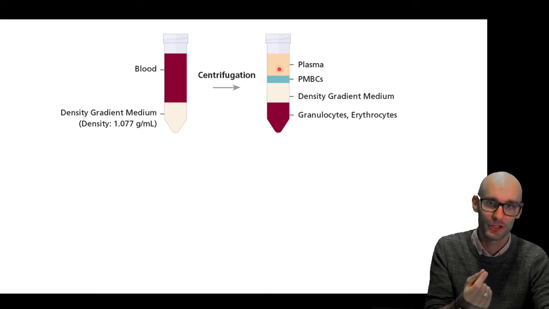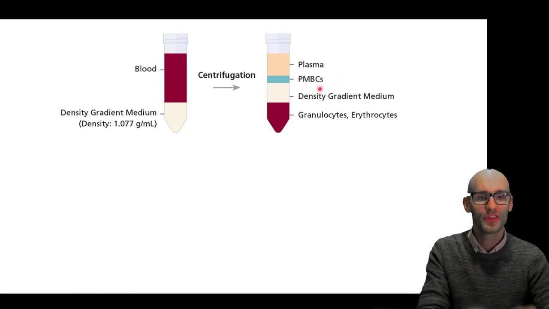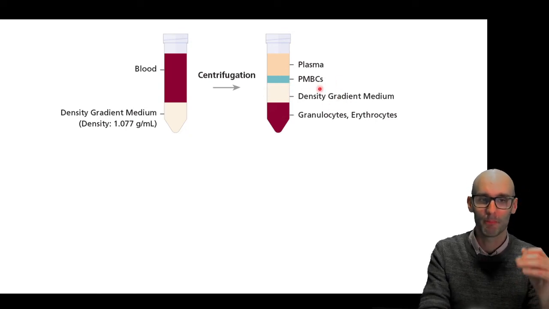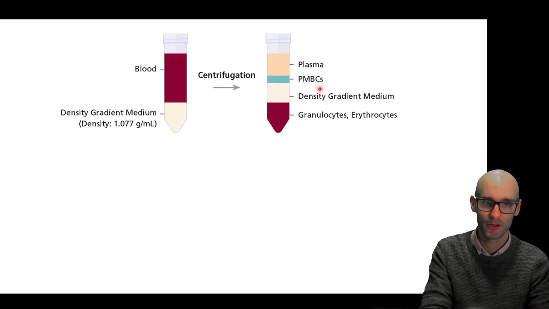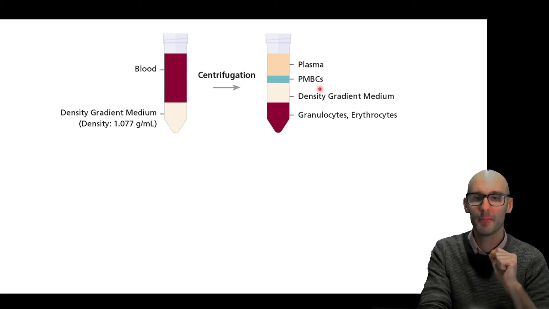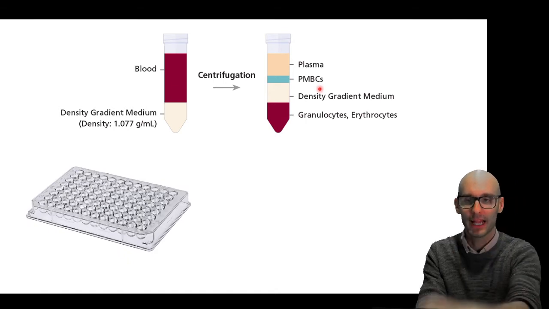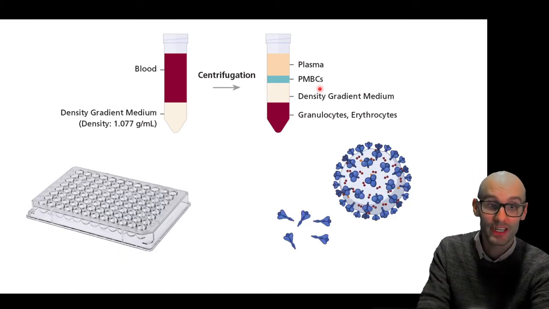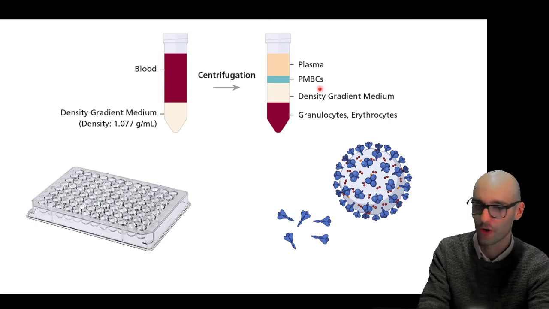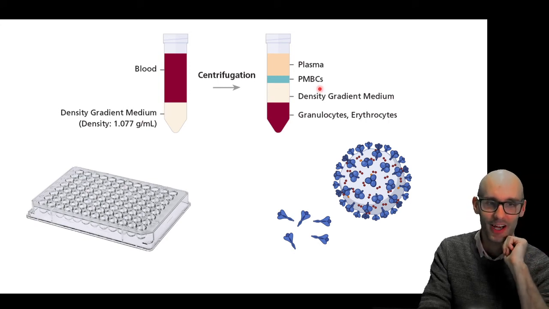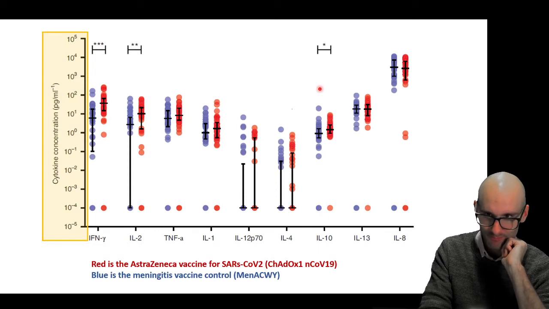So when we centrifuge them, they come up to the top. So this is what they did these experiments on, PBMCs. And what they did was they plated them out in a plate, and then they treated them with spike protein, right? So spike protein from SARS-CoV-2, and then they looked at the cytokine release that came from it.